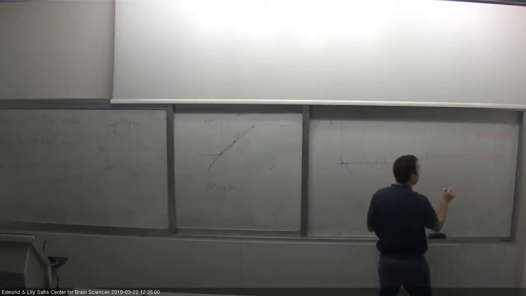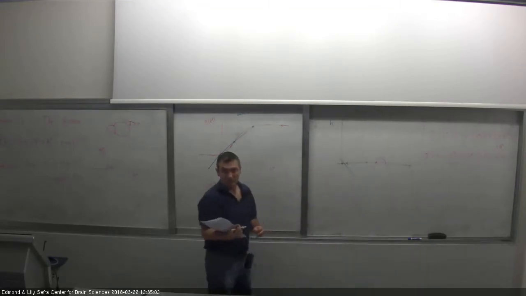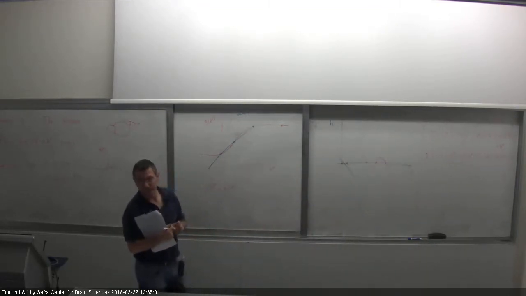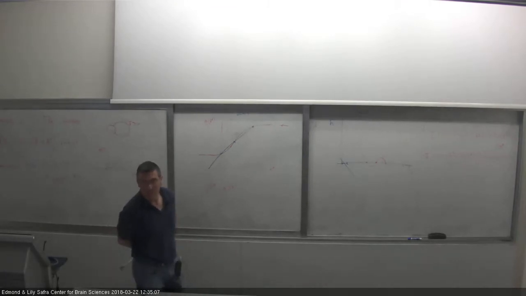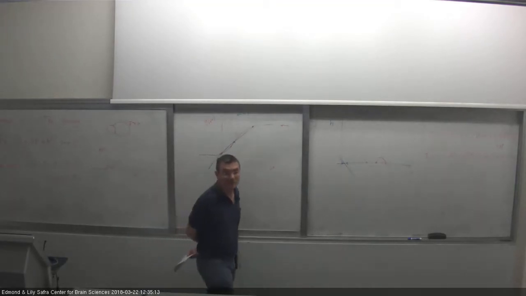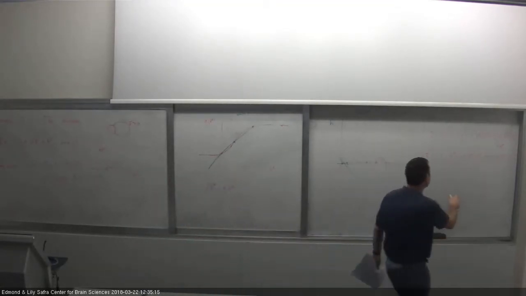What do we know about the zeroth order term? It's equal to zero. Why? This is just the fixed point equation.